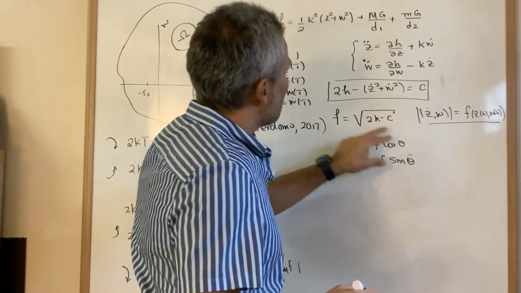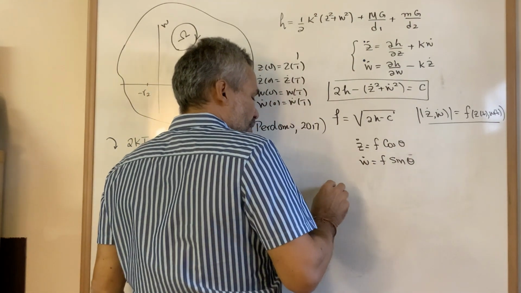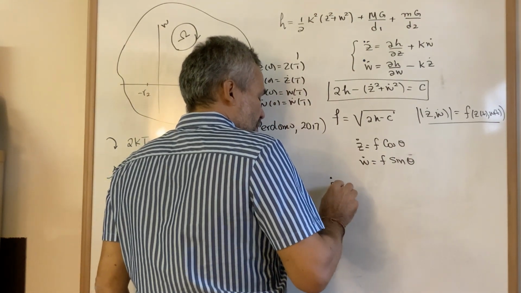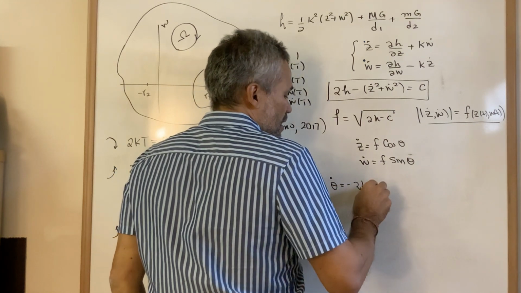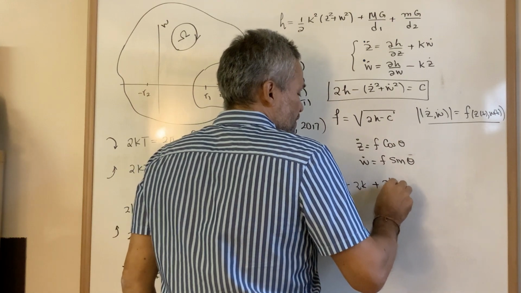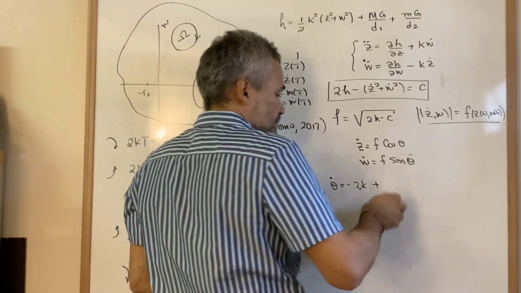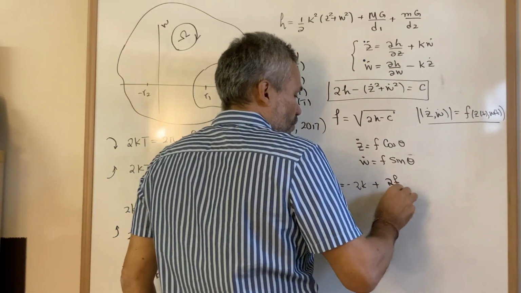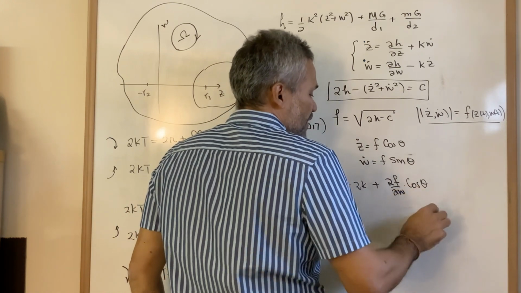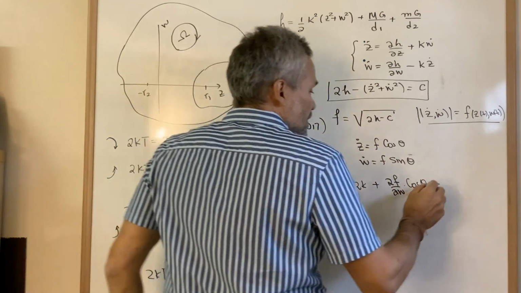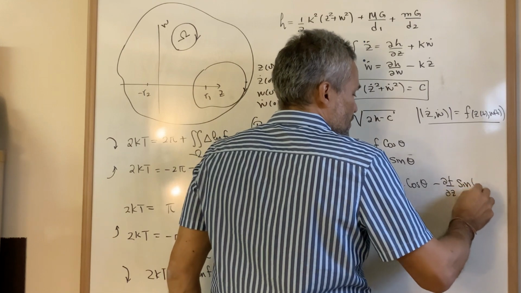Then, using the differential equation for c and w, we can compute theta prime, and we get that theta prime is equal to negative 2k plus the partial derivative of f with respect to w times cosine of theta minus the partial derivative of f with respect to c times sine of theta.